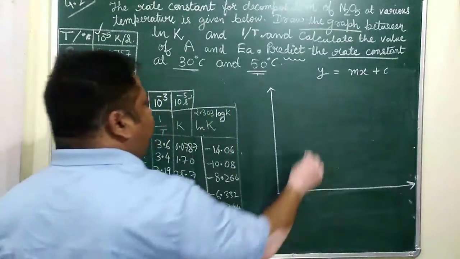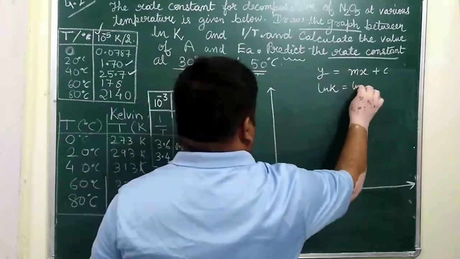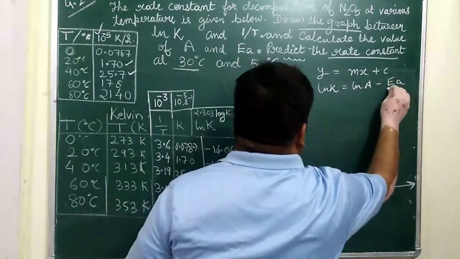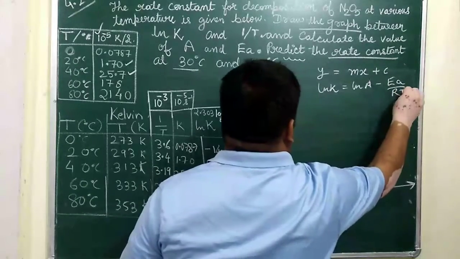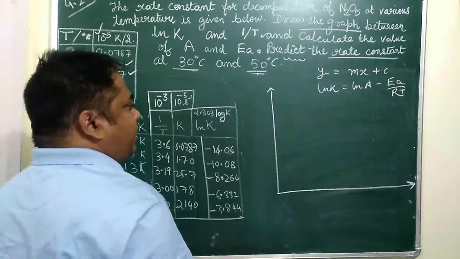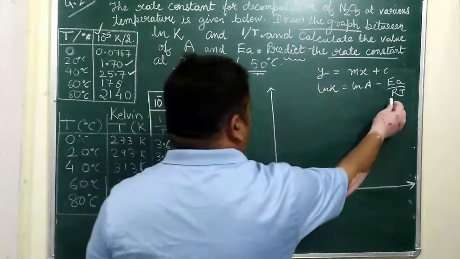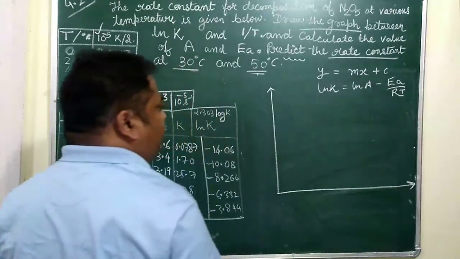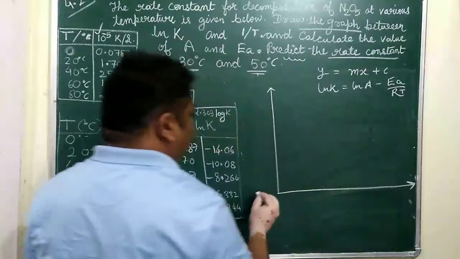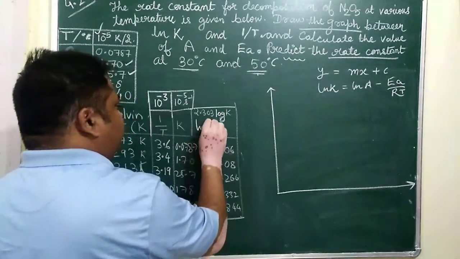Now if I compare, ln k is equal to ln A minus Ea by RT. Take care that we are not taking 2.303 log, so 2.303 is not in the denominator. We are still taking natural log.